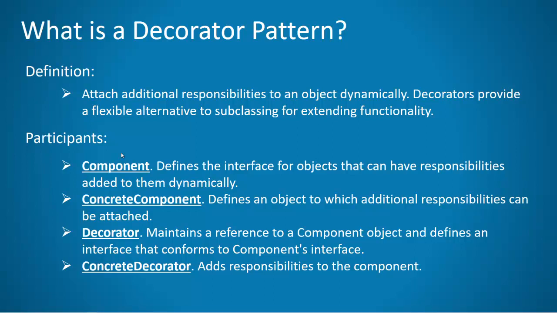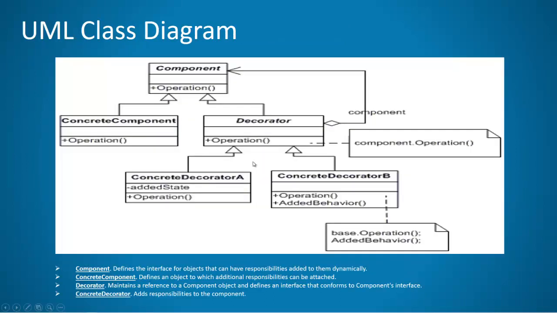So let's have some images to visualize what a decorator pattern is. We have this UML Class Diagram. As you can see from here, we have a component class, and inside the component we have some operations identified.